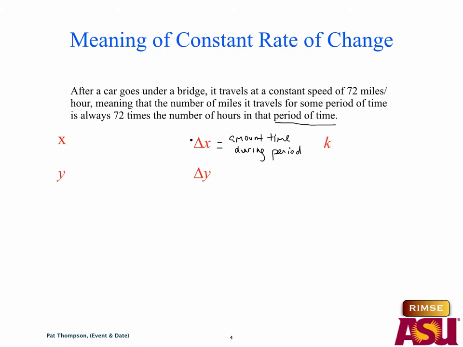All right, so if delta x is an amount of time during some time period, then x itself must be what? So time elapsed since what happened? So this is time in hours, hopefully, since the car passed under the bridge.